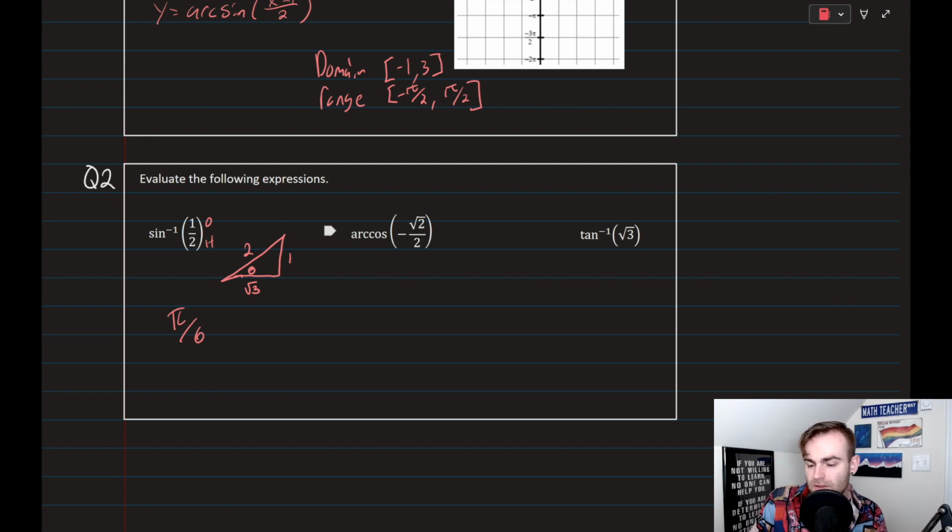This one here, we're going to make this the adjacent and make this the hypotenuse. So the adjacent being negative means that we're going to the left. A little theta there. We have negative root 2 and 2.